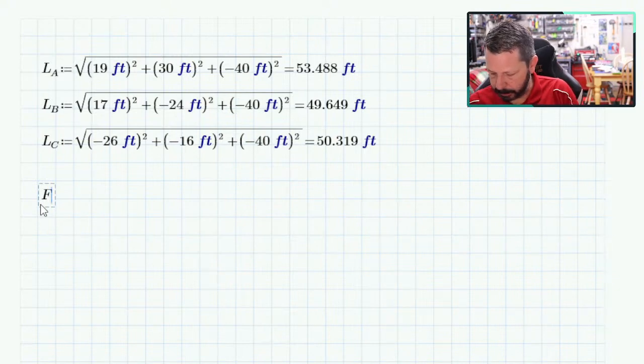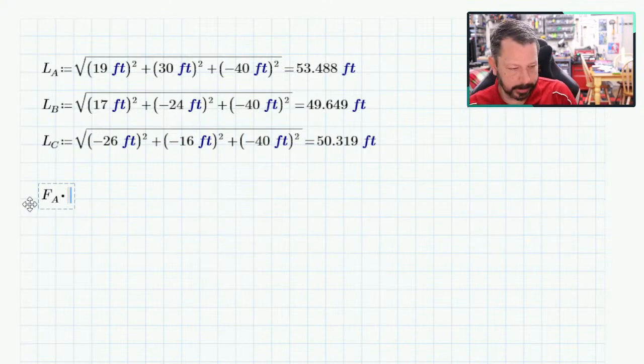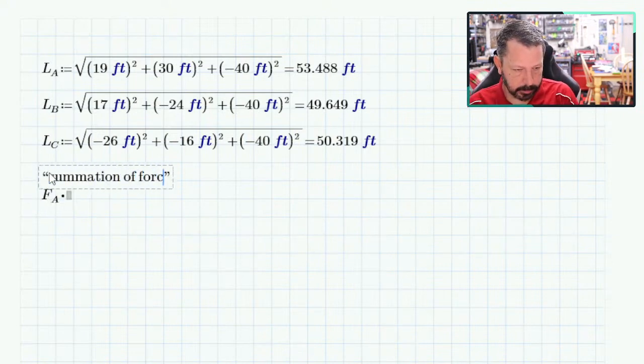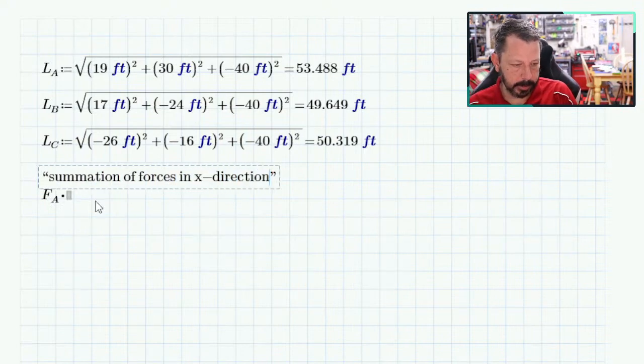Now again, I'm not going to solve it this way. I'm going to solve it using the matrices, since you won't have MathCAD available. So force in cable A times the cosine of theta between cable A and the x-axis. I'm doing the summation of forces. Maybe I'll write that out. That's what we're writing here for this equation.